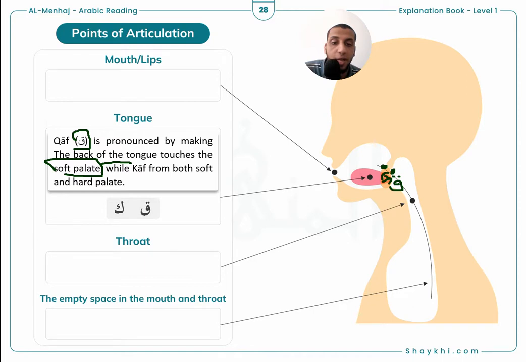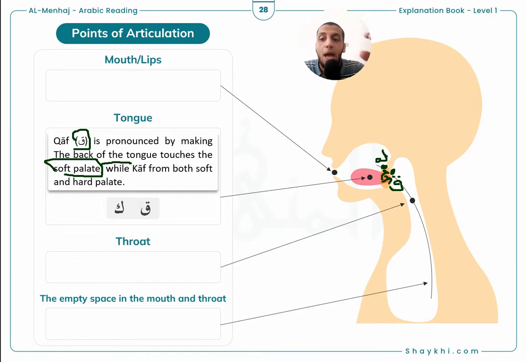So it will touch part of this and part of this. This is letter kaf. Now we want to say what is the common thing between letter qaf and letter kaf.